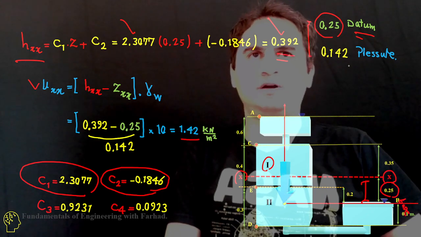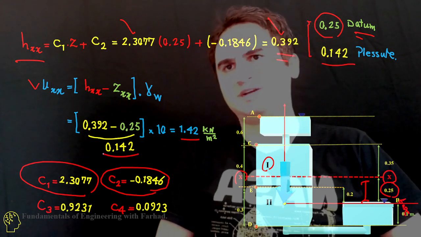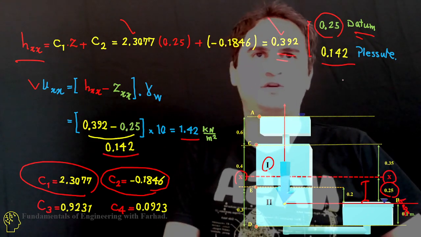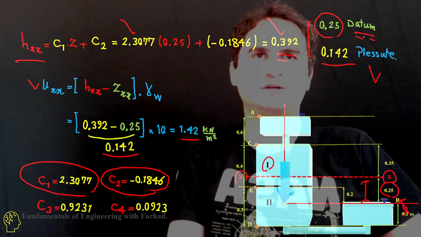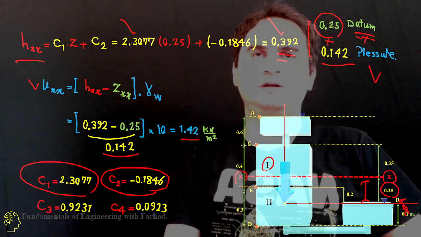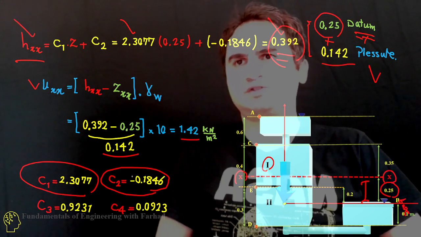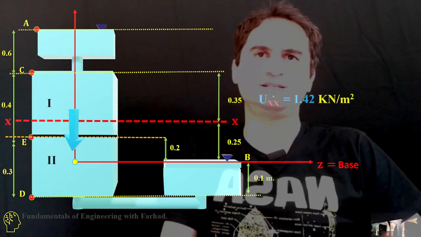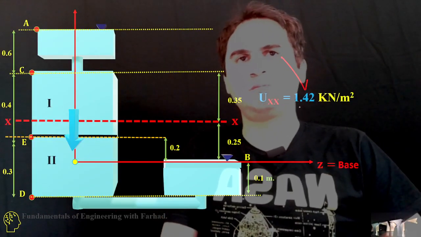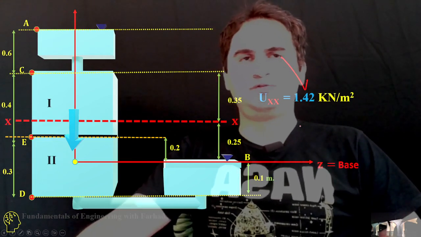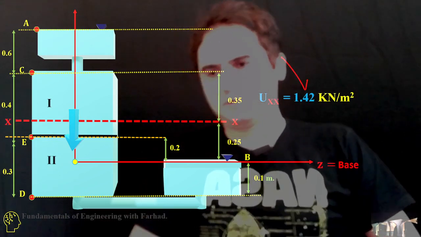And the other part is just the pressure of water, which you can easily see comes from here. So a part of pressure plus a part of datum just gives us the head of water. Final answer: UXX is 1.42 kilonewton per meter squared.